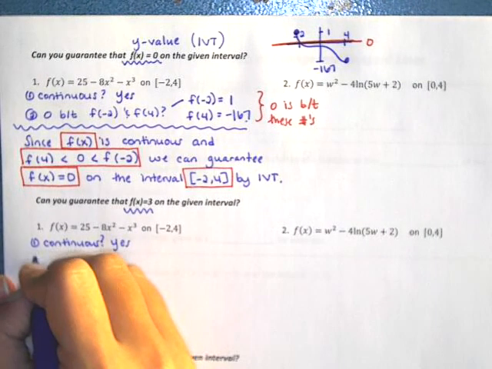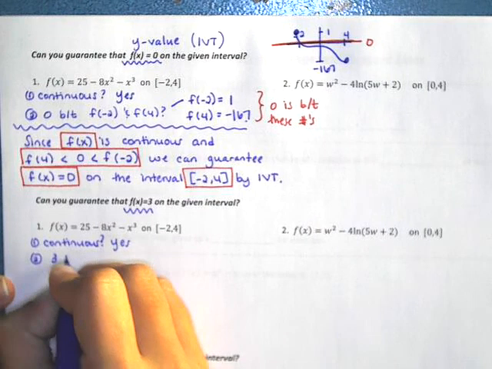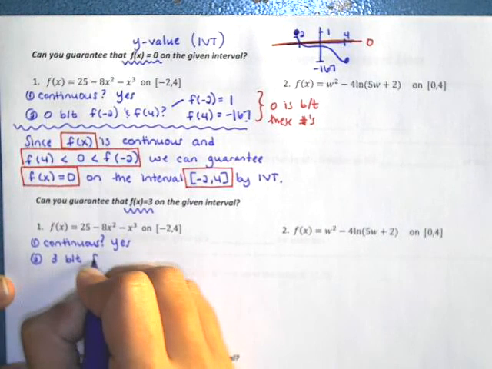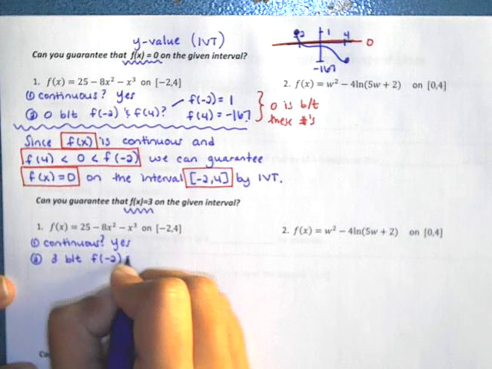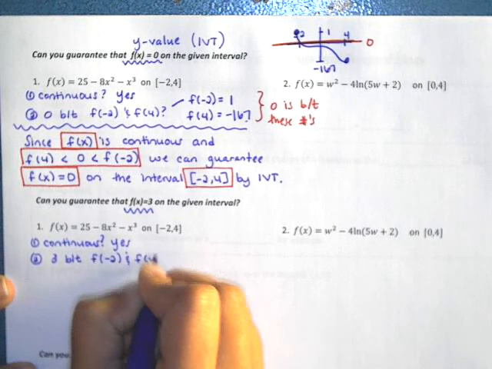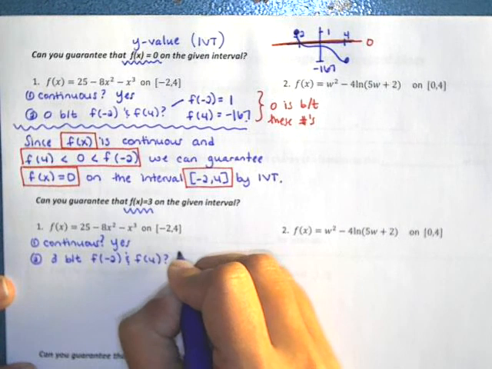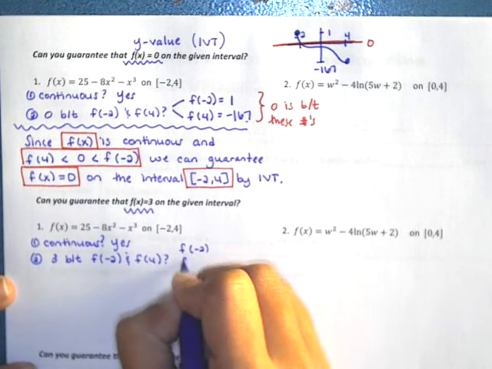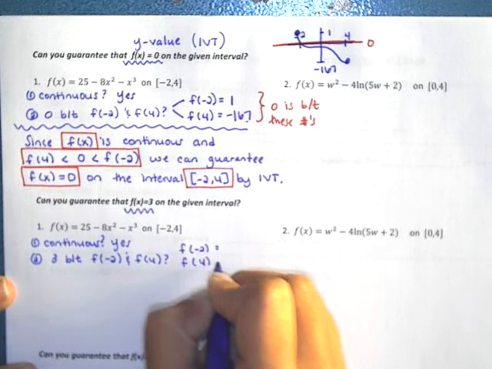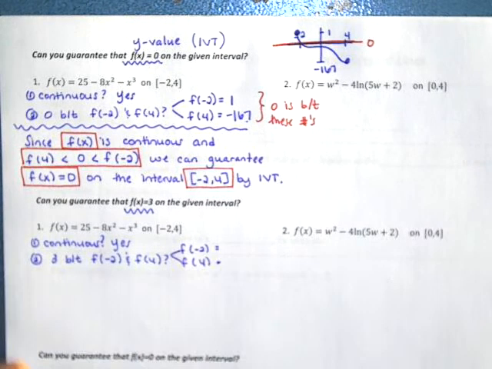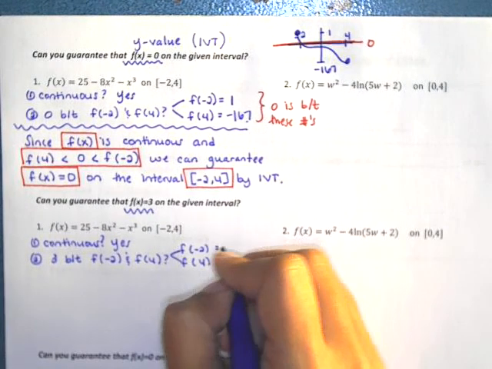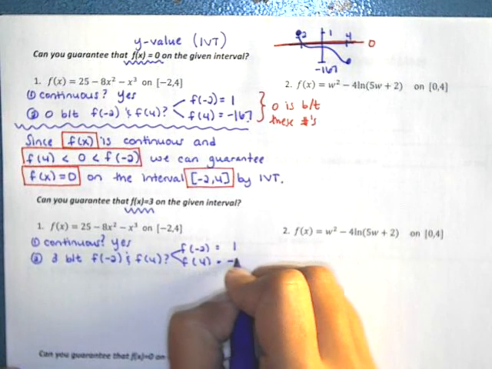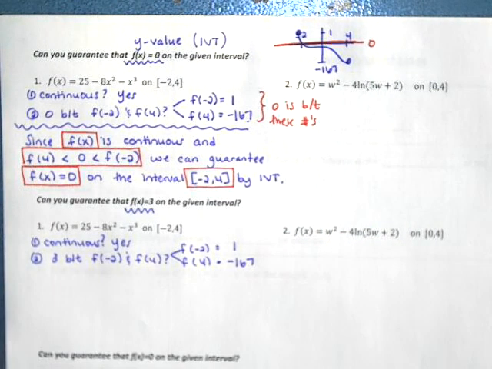The second thing we need to know is, is the number 3 in between f of negative 2 and f of 4? So we're going to try to figure out f of negative 2 and f of 4. Now, lucky for us, we actually already calculated both of those numbers in the previous example. So we get 1 and negative 167.